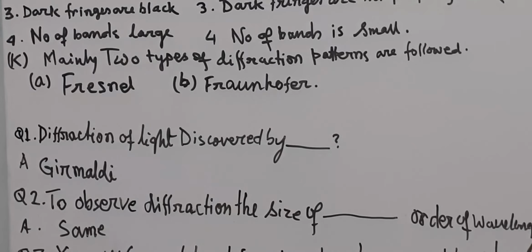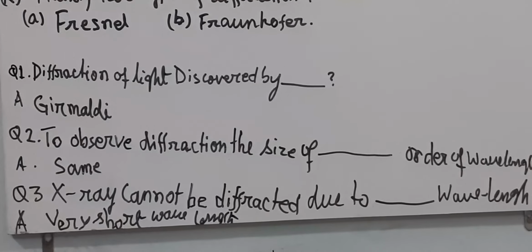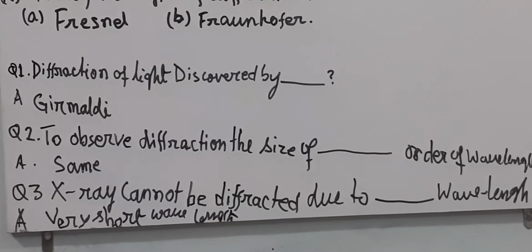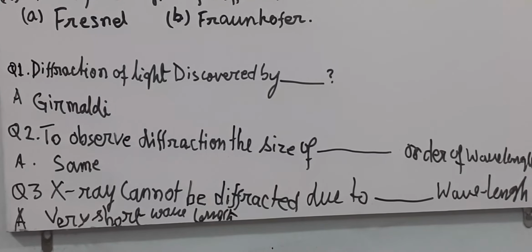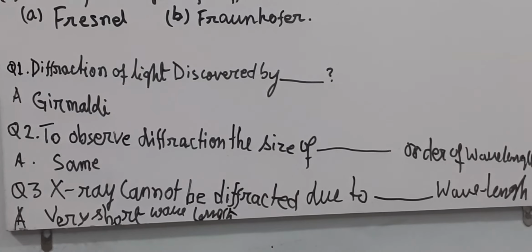Number 3, X-ray cannot be diffracted due to, the reason is its wavelength is very small compared with light, so it cannot be used here.